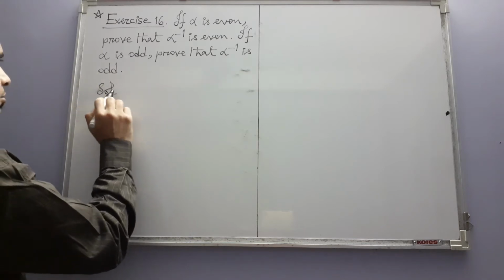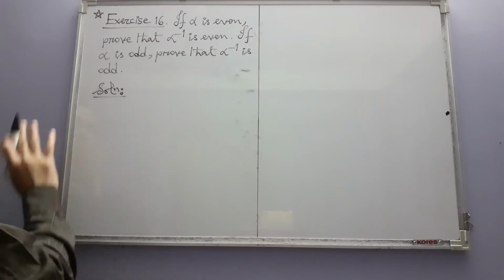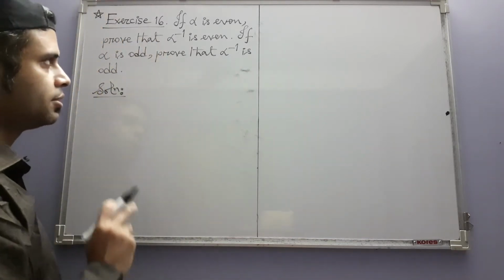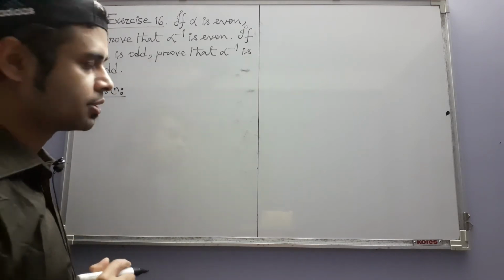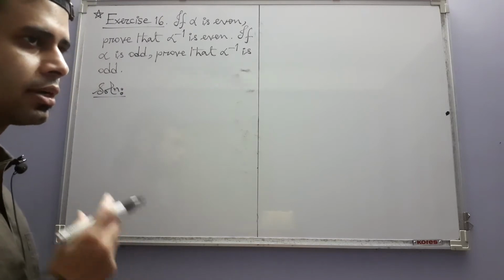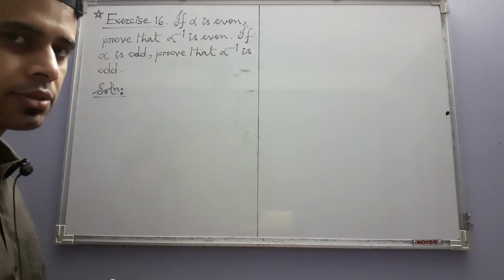Solution. Right at the beginning we use the definition of evenness of a permutation. A permutation is said to be even if it can be expressed as a product of an even number of two cycles, transpositions.